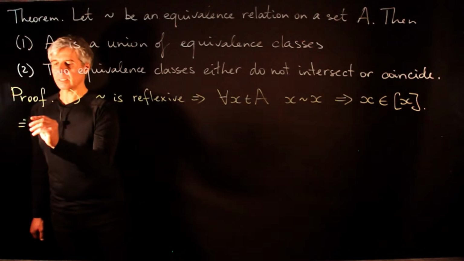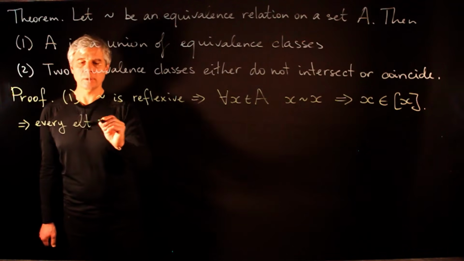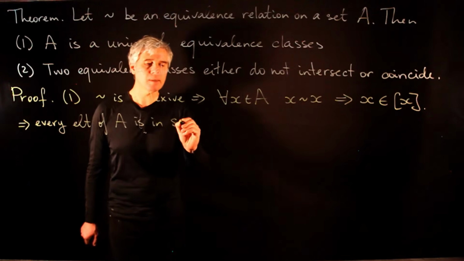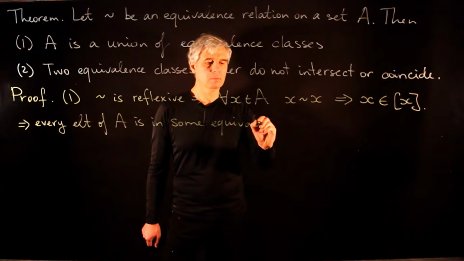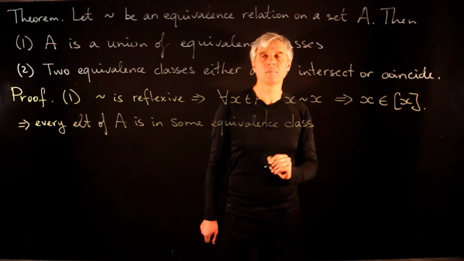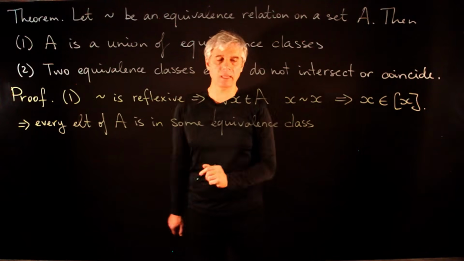And this tells us that every element of A is in some equivalence class. Hence, the union of equivalence classes is the set A.